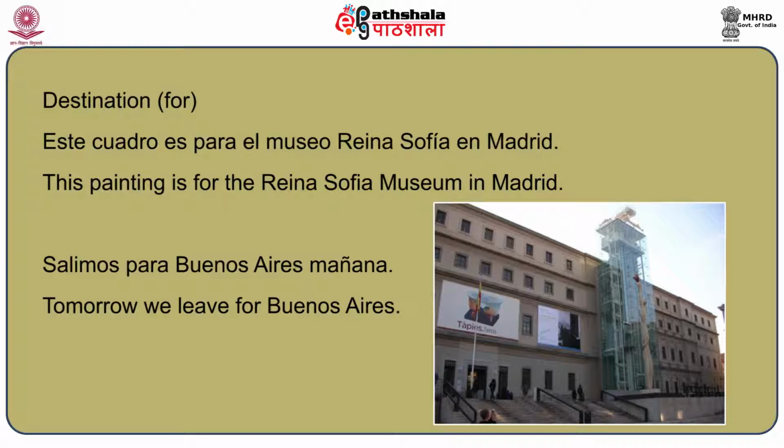In English, this painting is for the Reina Sofia Museum in Madrid. Next example is, salimos para Buenos Aires mañana. I repeat, salimos para Buenos Aires mañana. The equivalent in English is, tomorrow we leave for Buenos Aires.